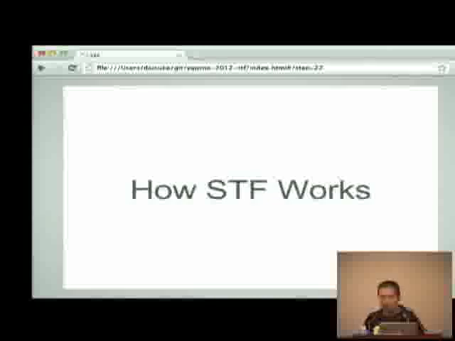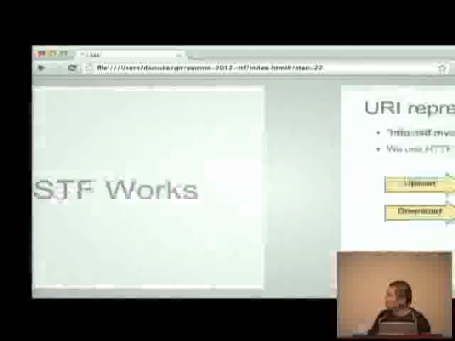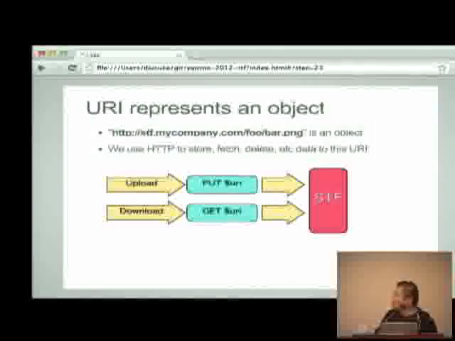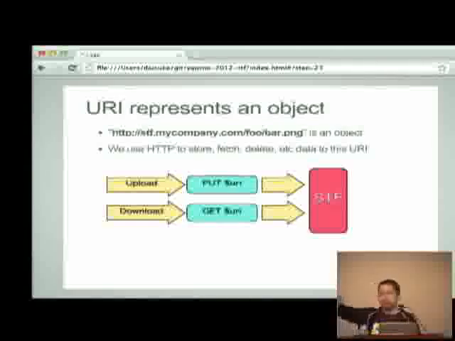Okay. So that's what STF is and why we started building it. And I'm going to try to explain how STF works. Basically, an object is represented by one URL. If you want to put a file, you create a URL and issue a PUT request to it with a body.